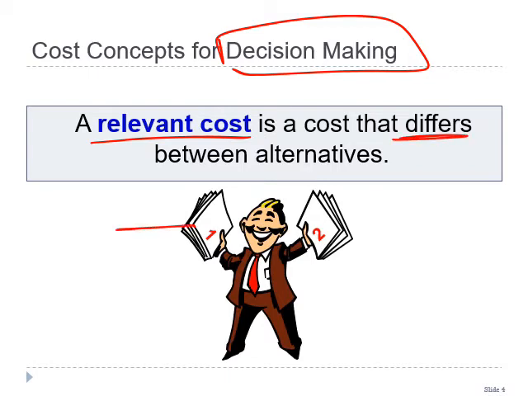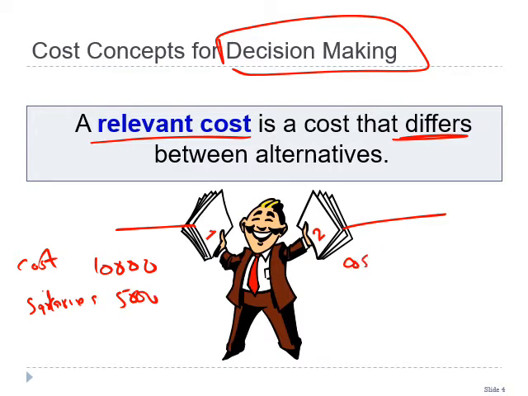For example, we have option 1 and option 2. For example, here we have cost 10,000 and we have salaries 5,000. Here the cost is also 10,000 and salaries 2,000.